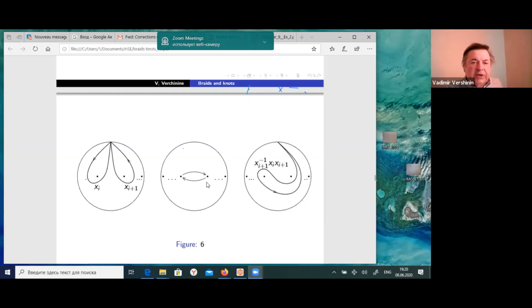And in such a way that only these two points are involved. You have a rotation here by pi, 180 degrees, and then your rotation becomes smaller and smaller, and at the boundary of this small disk, which is included in the big disk, it is zero.